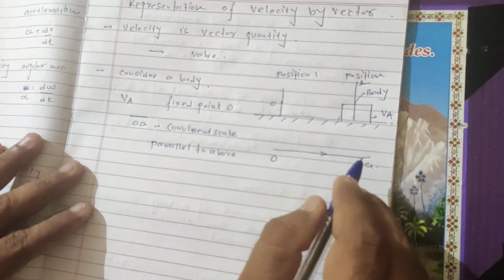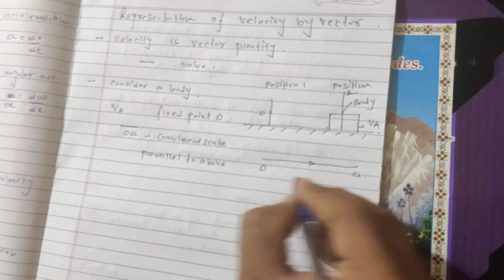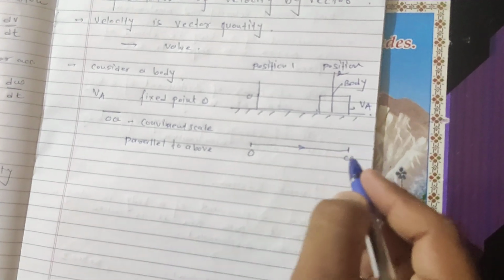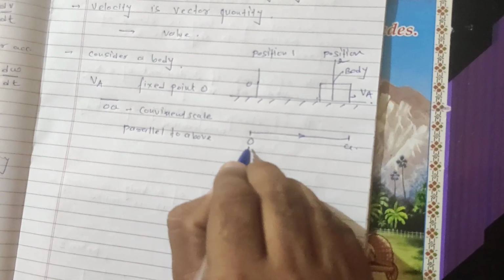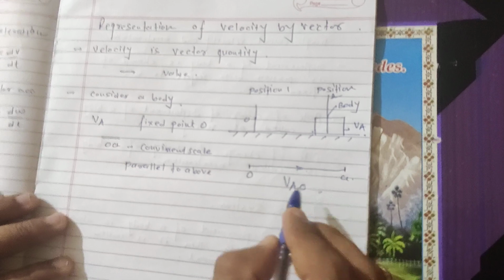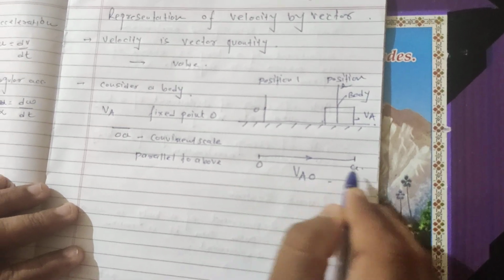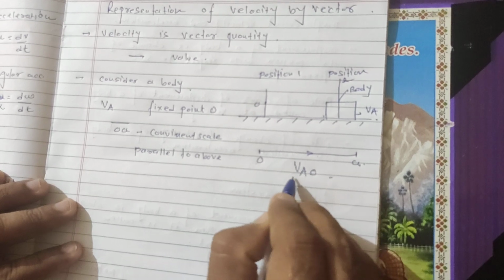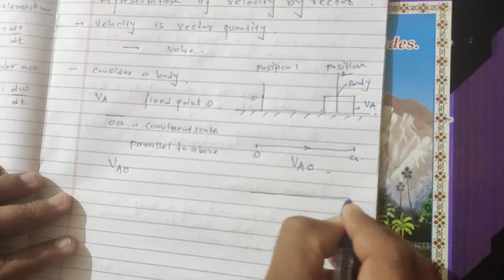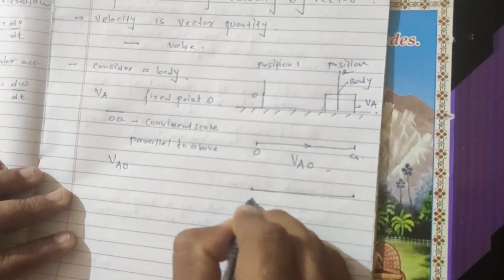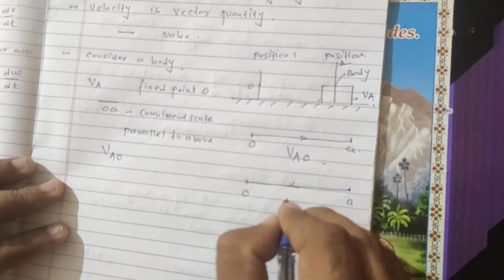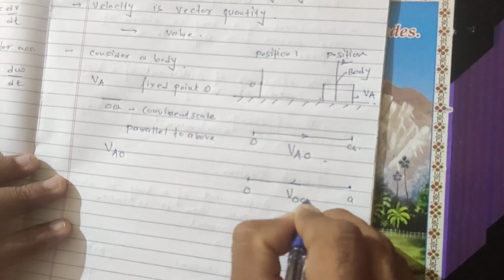When we consider the velocity as the body moves from O to A, or when we find the velocity of A with respect to O, we write VAO. Now, from another figure, if the direction is from A to O, then we write VOA.